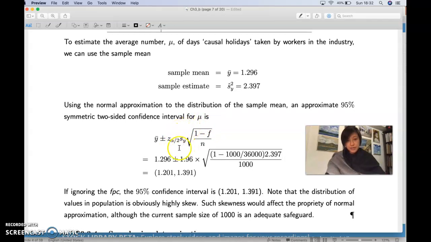The standard error is the square root of the estimated variance, s_y squared. So we take the square root, keeping 2.397 divided by n, multiplied by the finite population correction factor. So this is the range.